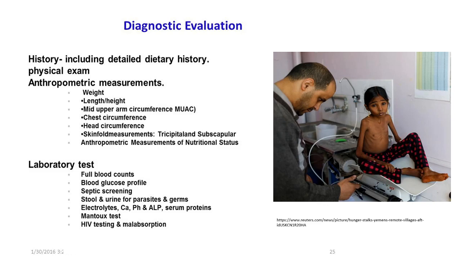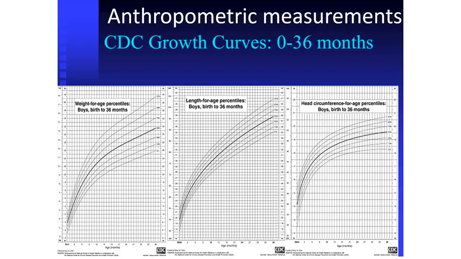Electrolytes we should check are calcium, phosphorus, alkaline phosphatase, and serum proteins, including albumin. Of course, we have to check the MAN2 test, and if we need to, do HIV testing and some specific tests to find malabsorption syndrome.